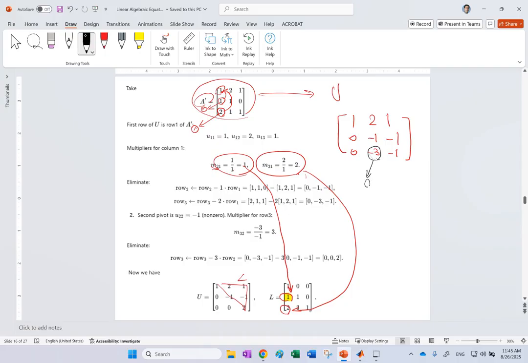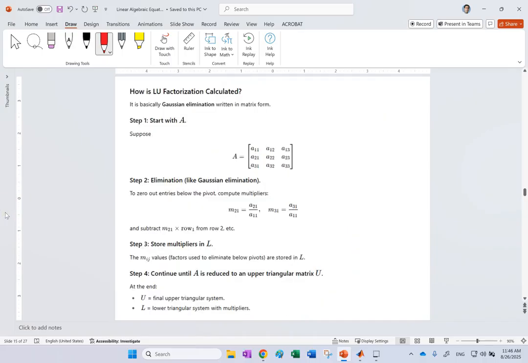The ratio is going to be this negative 3 divided by negative 1, and that is called M32. And that ratio, which is 3 in this case, is going to go and sit right here. So you see, these lower diagonal numbers come from these ratios, and that is how you form the L matrix. The resulting upper diagonal after the elimination is going to be your U matrix. So that is how you get L and U manually.